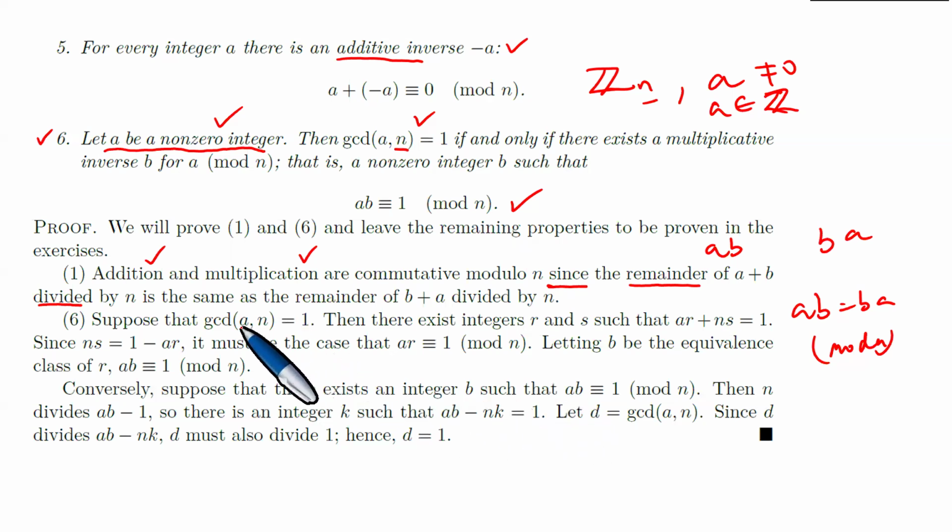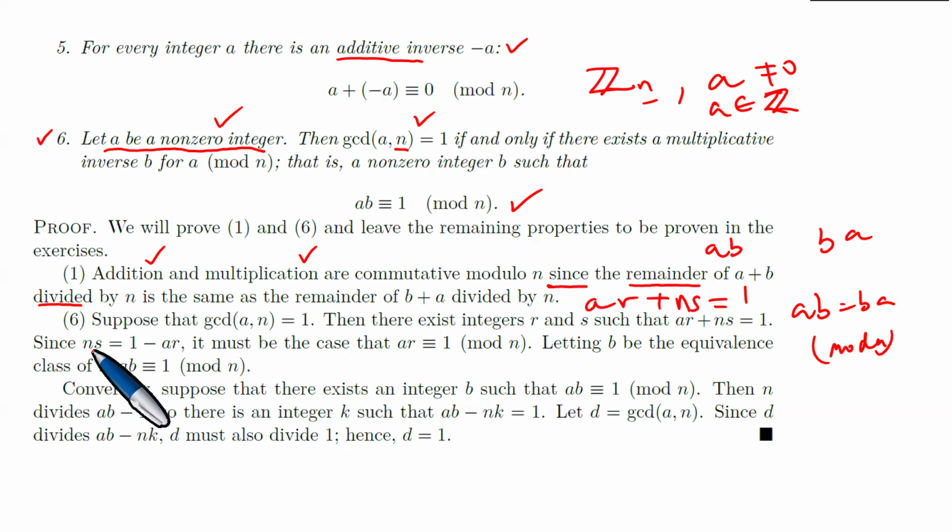Such that ar plus ns is equal to 1. Because the greatest common divisor is 1, you are able to write this linear combination. Let's manipulate this algebraically.